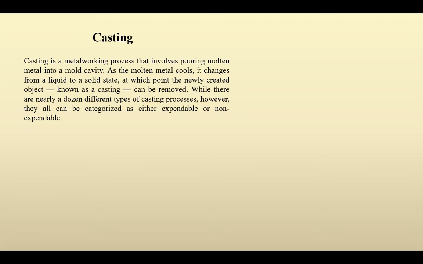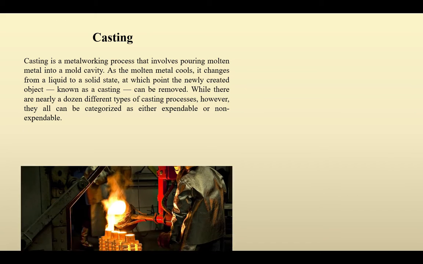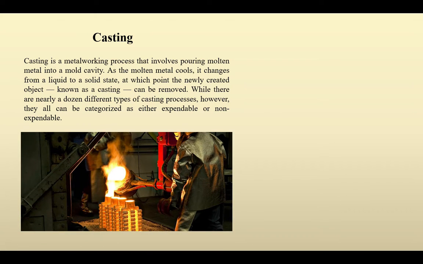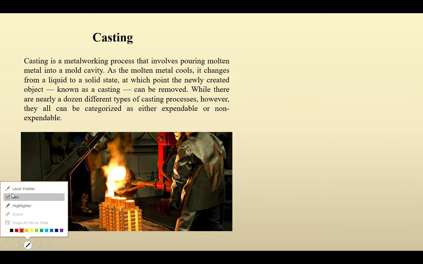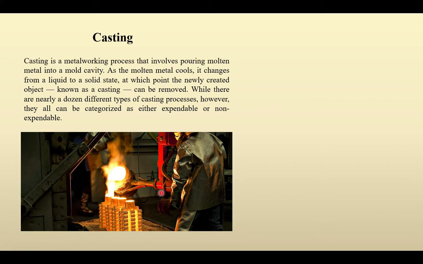It depends upon your choice, right? So this is the thing I am talking about: it's not only associated with metallic components. Let us take an example. Here you can see the person pouring molten metal into the cavity. I strongly believe this is a lost wax or investment casting process, and you can see the investment mold is already done, and he is filling the cavities with molten metal.